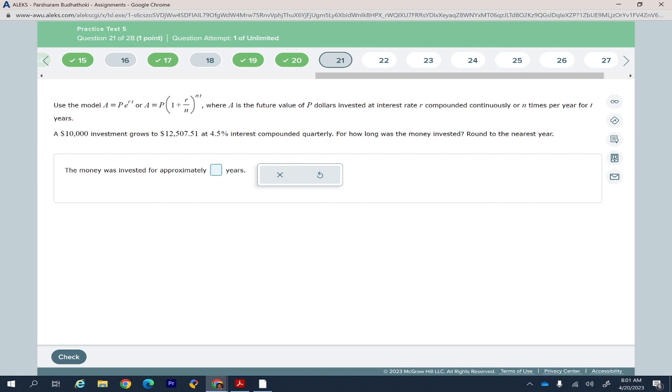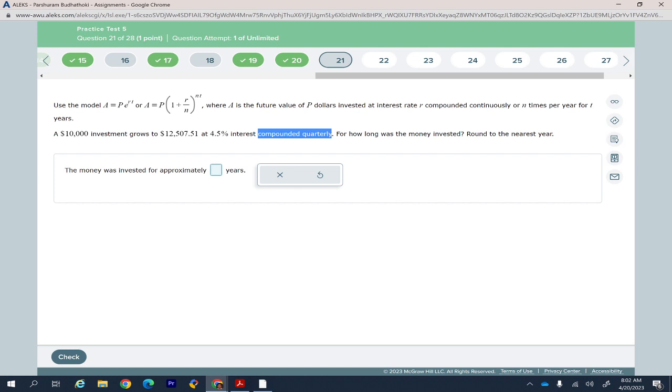This is the problem. A $10,000 investment grows to $12,507.51 at 4.5% interest compounded quarterly. This is the hint. Compounded quarterly means you have to use the second formula. You use the first formula only if it says compounded continuously.